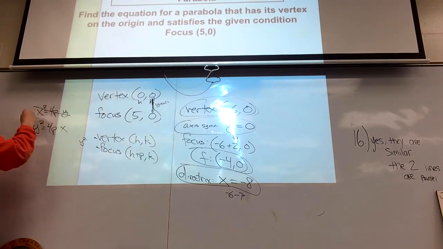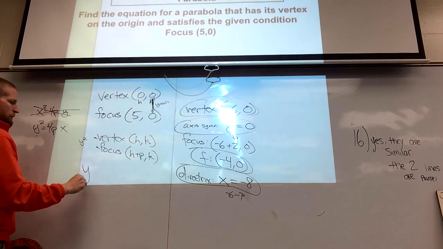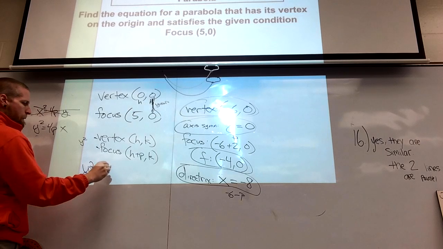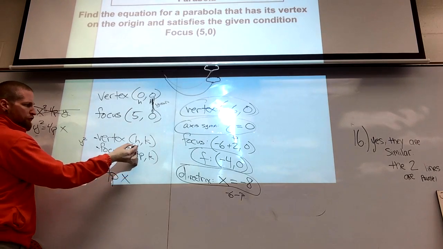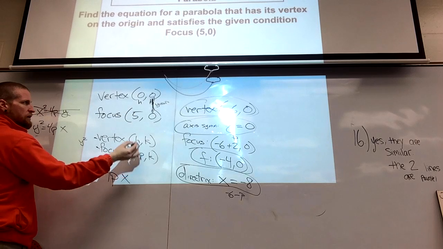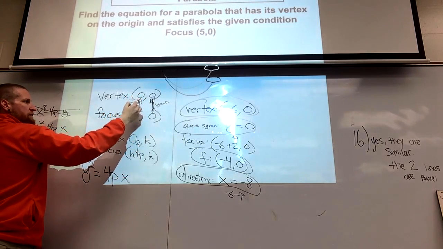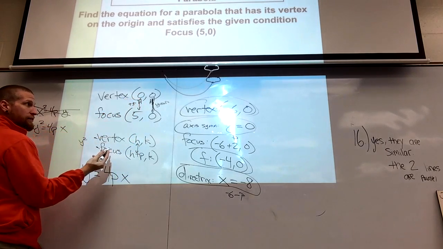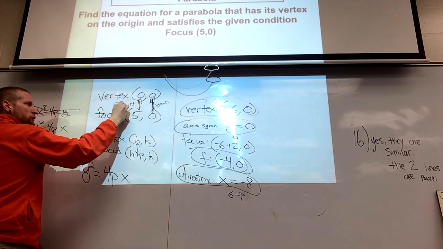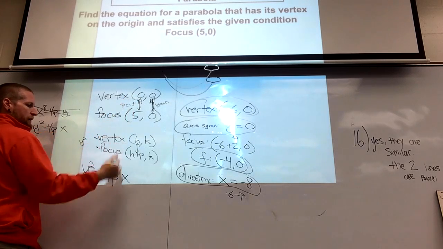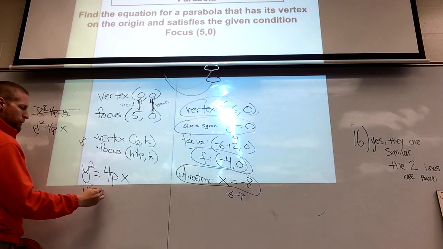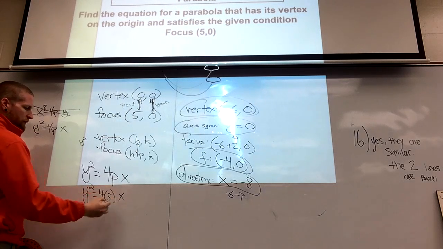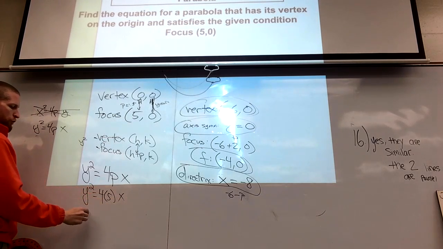So that's gone. I don't care about that. So we know it's y squared equals 4px. And again, however far apart the other coordinate is, like from 0 to 5 is an addition of 5, correct? That's what your p is. It's 5. So when I actually write my equation, this becomes y squared equals 4 times 5x. So what's 4 times 5?